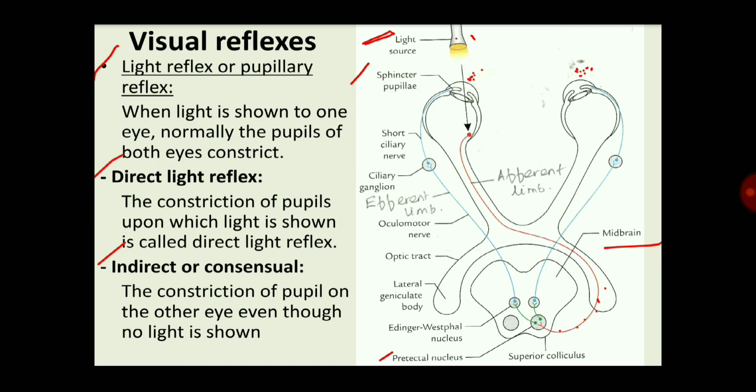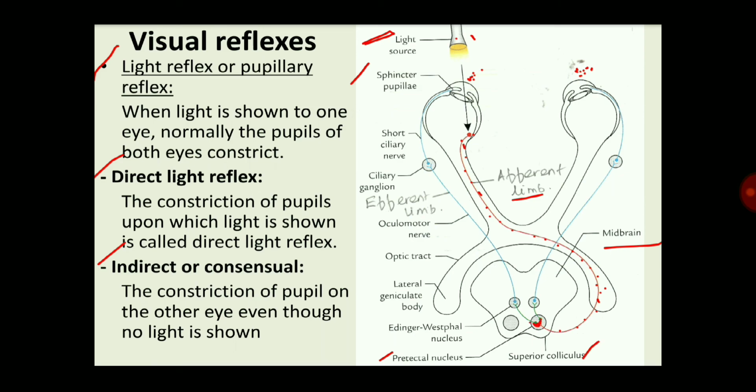Now look at the pathway for this reflex. The afferent fibers start from the retina. Via the optic nerve, optic chiasma, and optic tract, some of the fibers reach the pretectal region or pretectal nucleus in the midbrain.